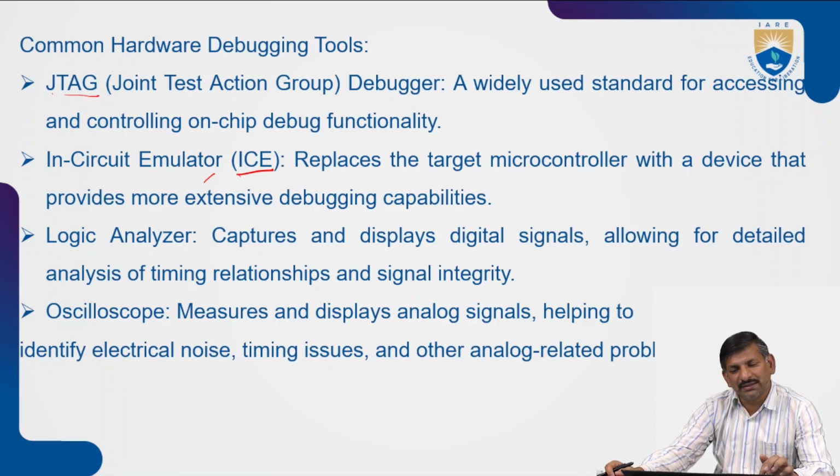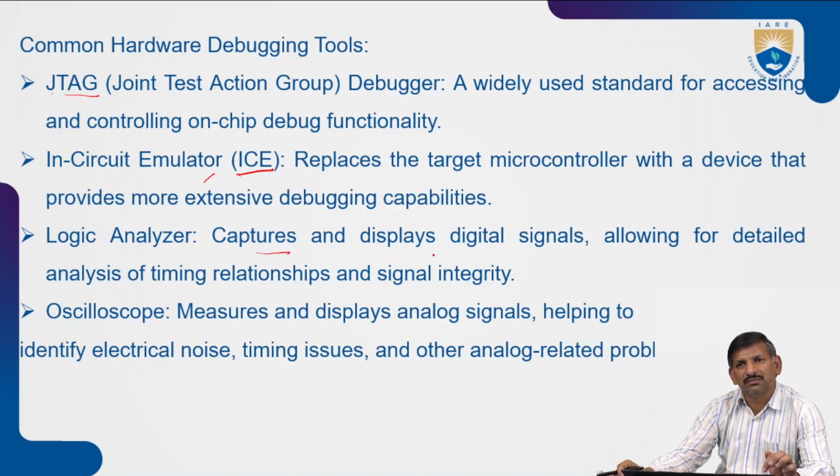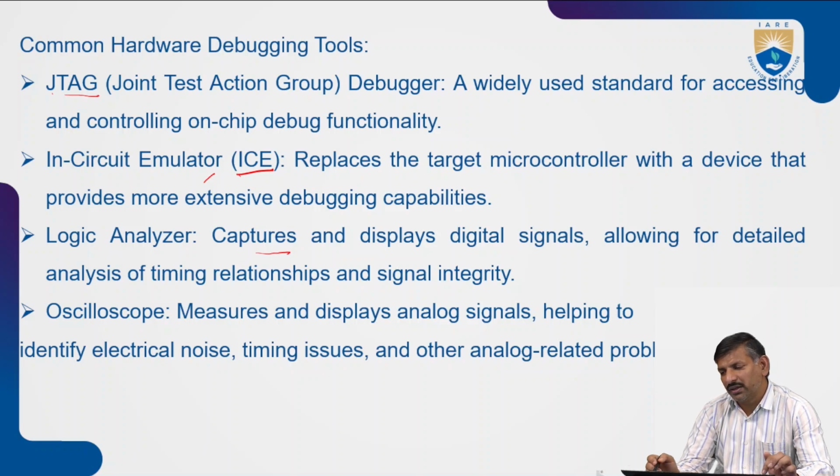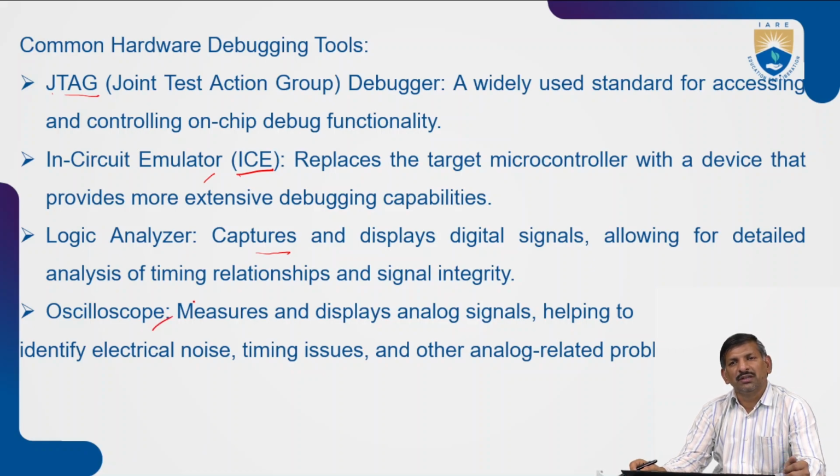Next, logic analyzer. It captures and displays digital signals, allowing for detailed analysis of timing relationships and signal integrity. Next, oscilloscopes. In our laboratories, we are using cathode ray oscilloscope, MOCU kit to display the functionality in the hardware.